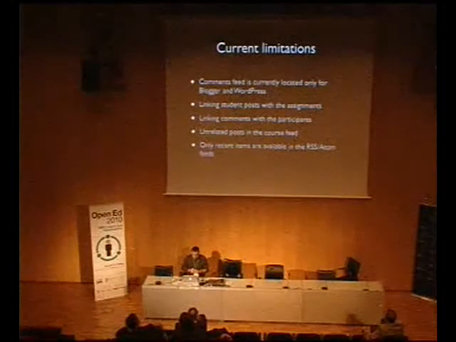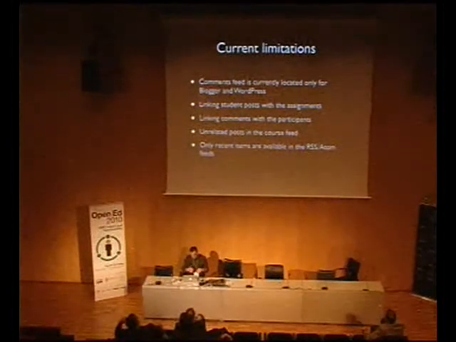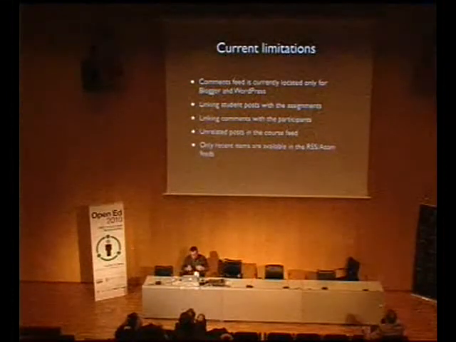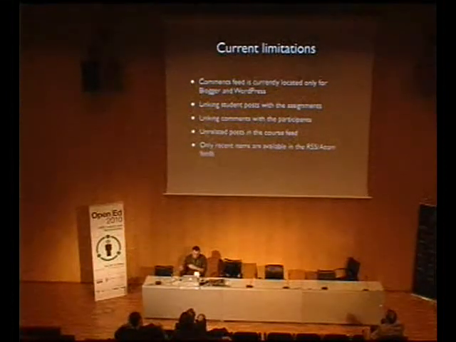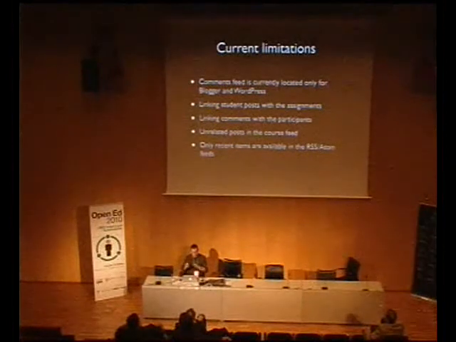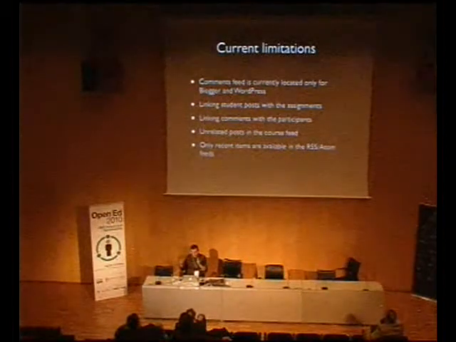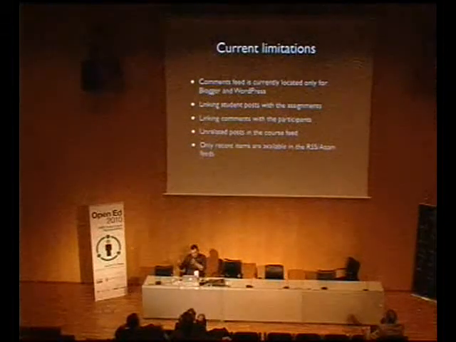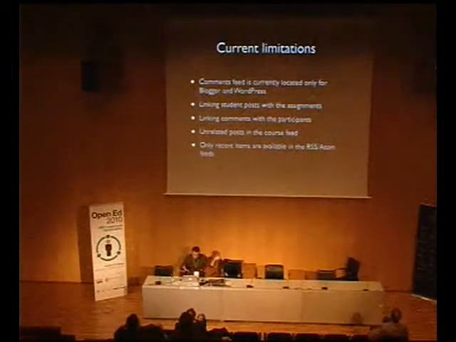Then there are difficulties with linking student posts with the assignments, and also problems with linking comments with the participants. Our initial idea was that we would use the URL that the person has put into the comment metadata, and if this is her blog in the course, then we know who she is.